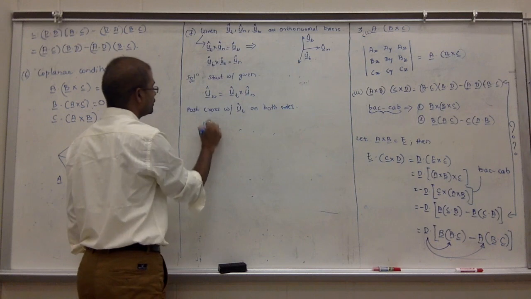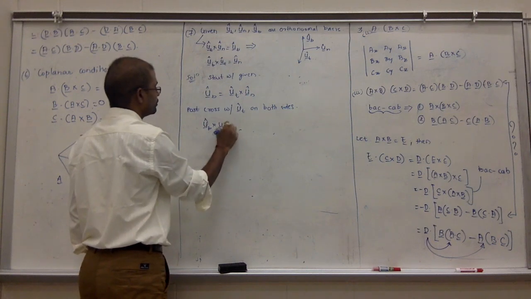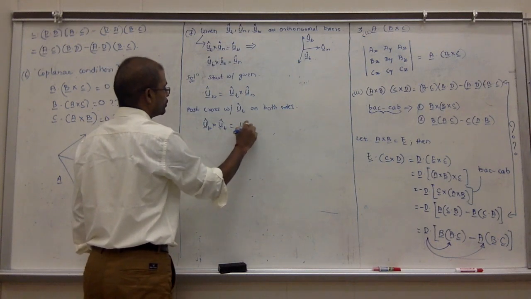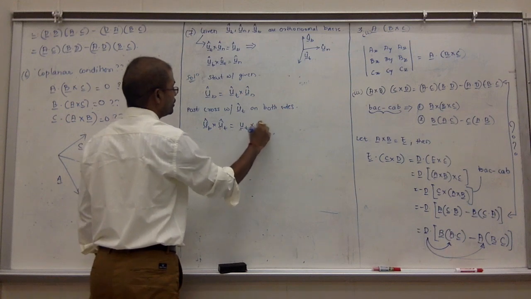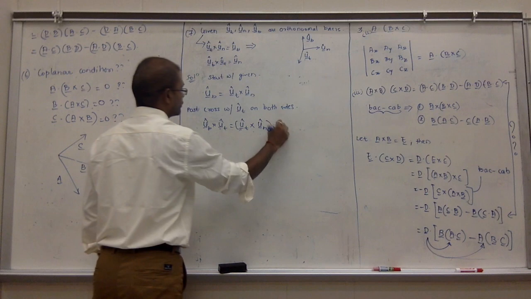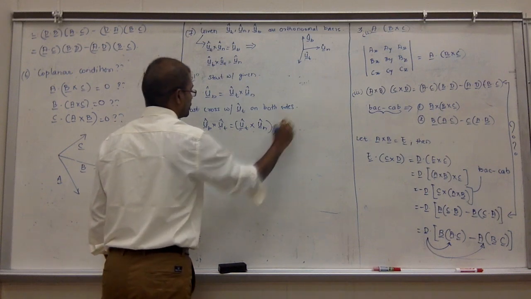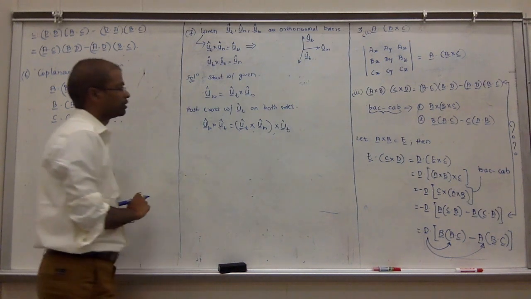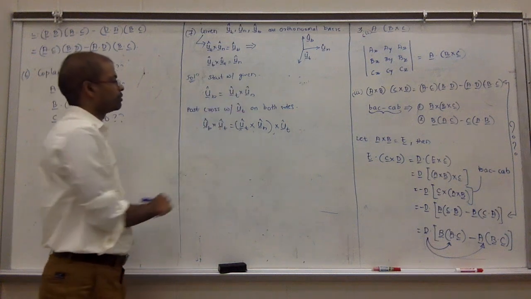We have UB crossed with UT is equal to UT crossed with UN, crossed with UT. This parenthesis has to be maintained.